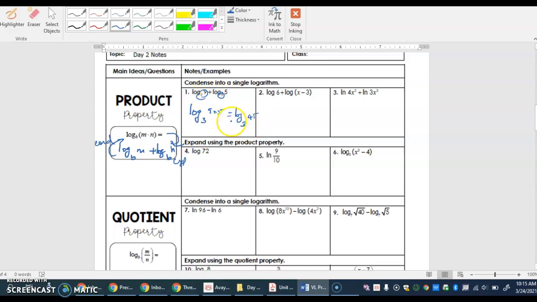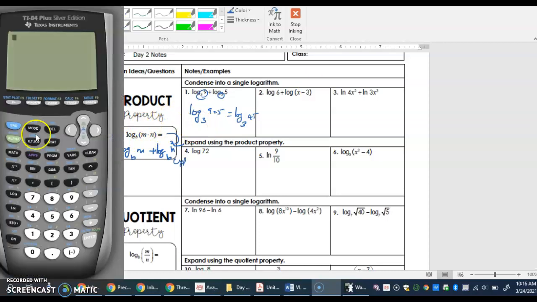Let me open the calculator and show you how this works. To make matters simple, I'll just use the common log. Log 9 plus log 5, that is 1.653.